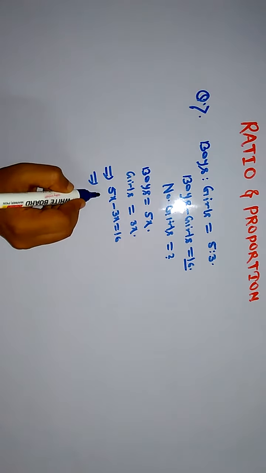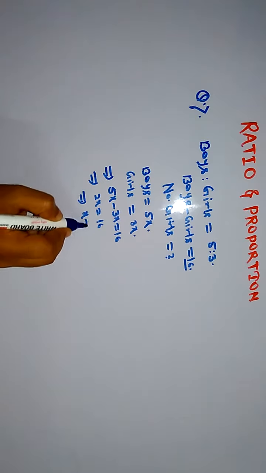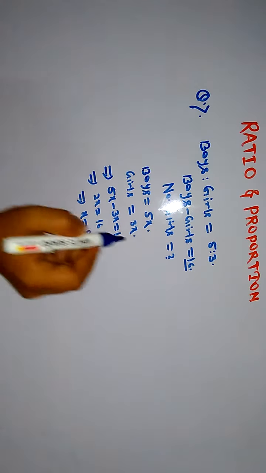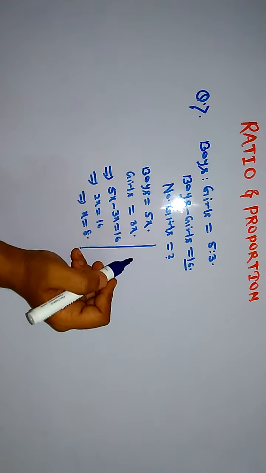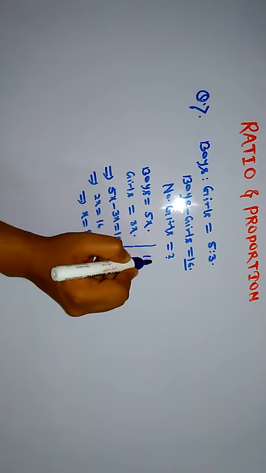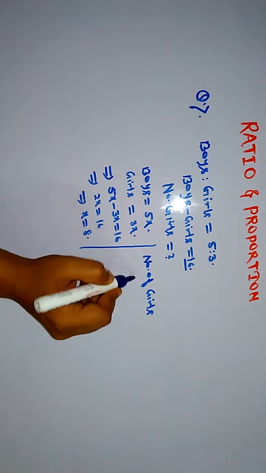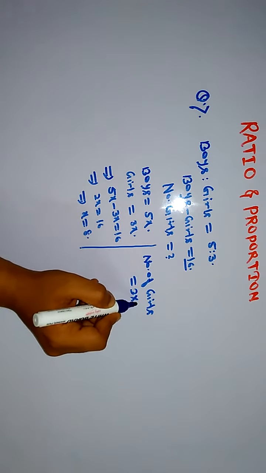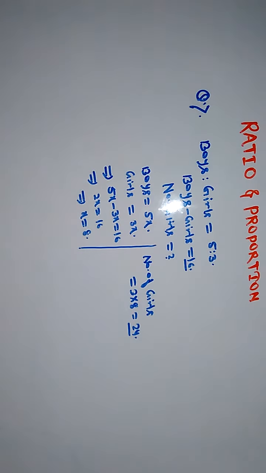So from here we can calculate 2x equals 16, so x equals 8. Similarly, the number of girls can be calculated: number of girls equals 3 into 8, this is 24. So 24 girls are present in the class.